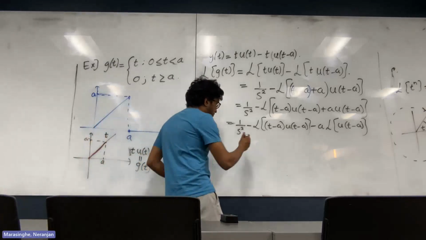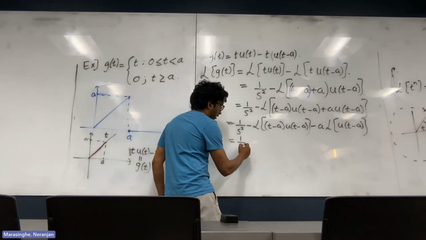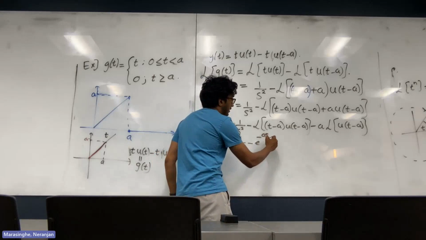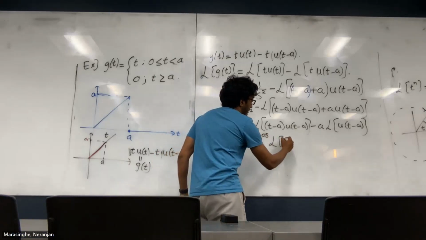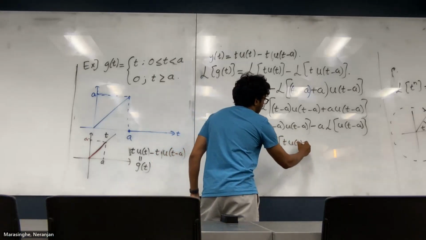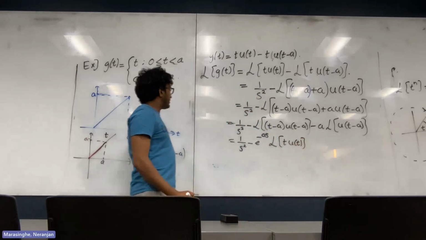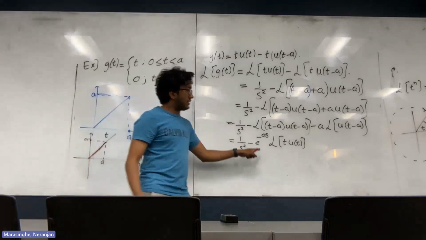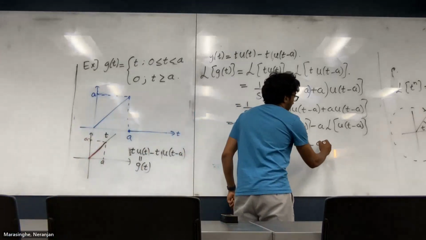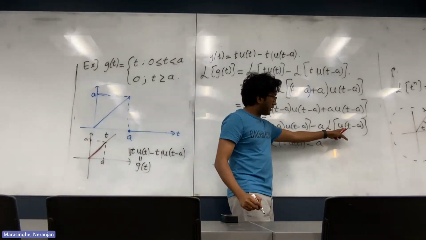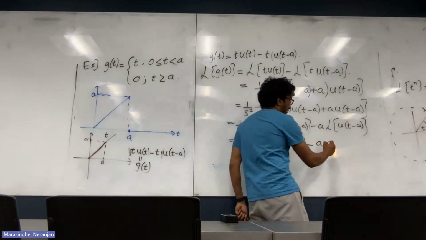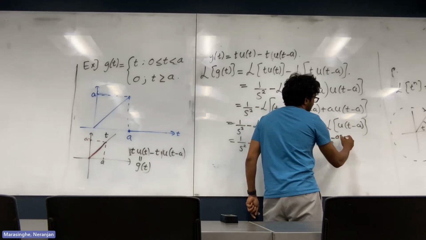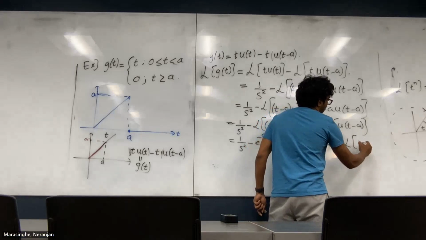So I will get 1 divided by s square minus e to the minus as times Laplace of t. That's what I introduced before, the second translation theorem. Again, u has been translated by a unit, so that gives e to the minus as times Laplace of 1 times ut.